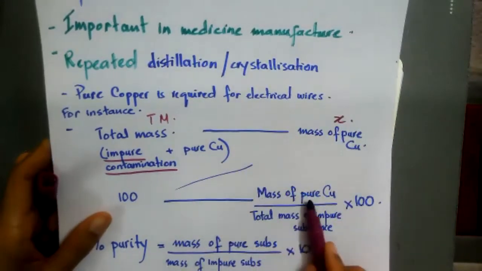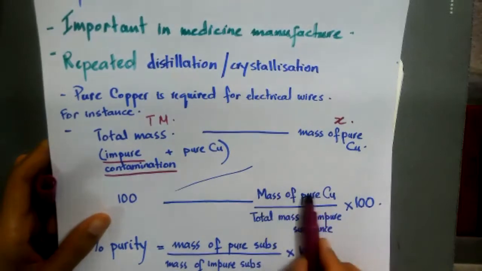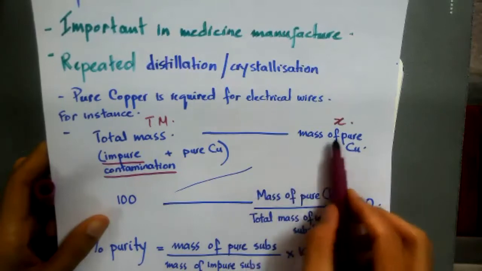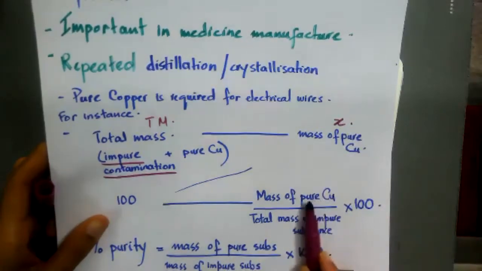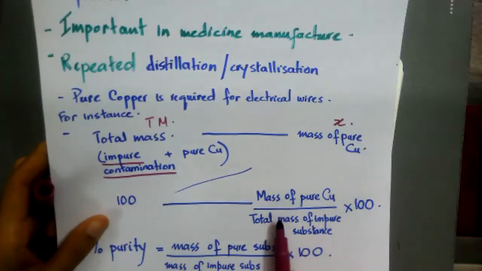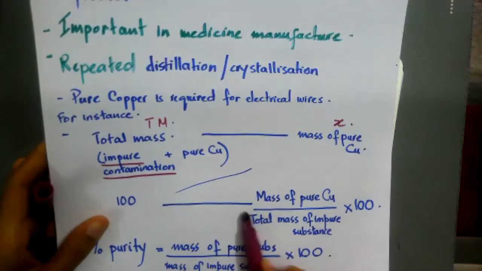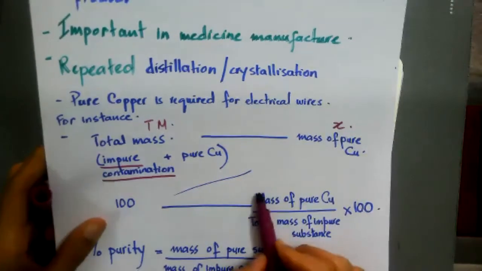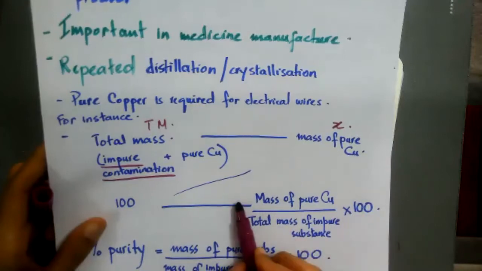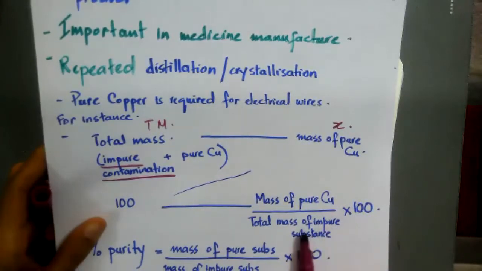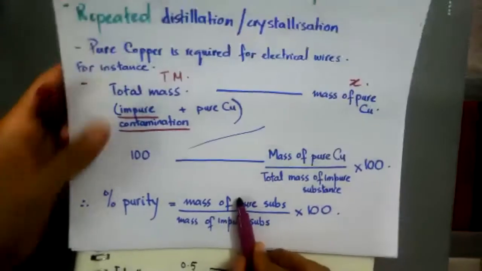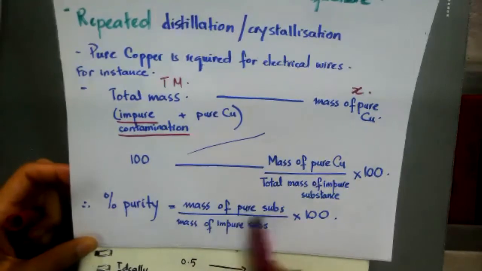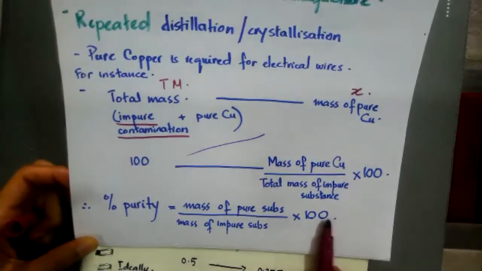So the mass of pure substance, it can be any substance, multiplied by 100 divided by the total mass of the impure substance. What is left behind, you make the denominator. So that is our formula for calculating the percentage purity: mass of pure substance divided by the mass of impure substance multiplied by 100.